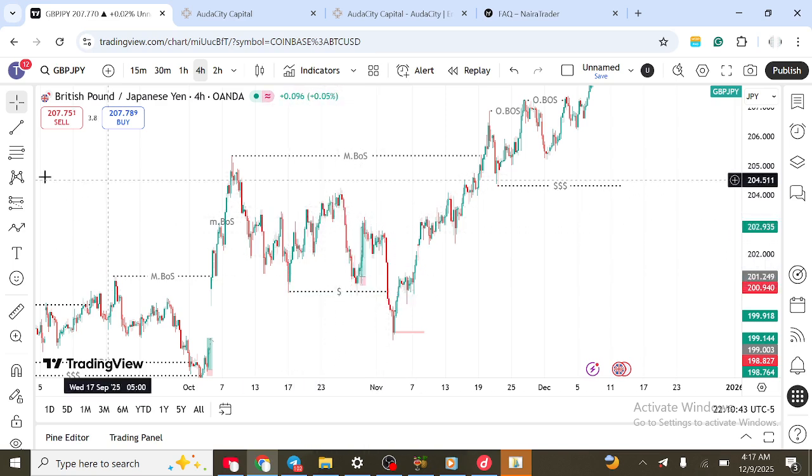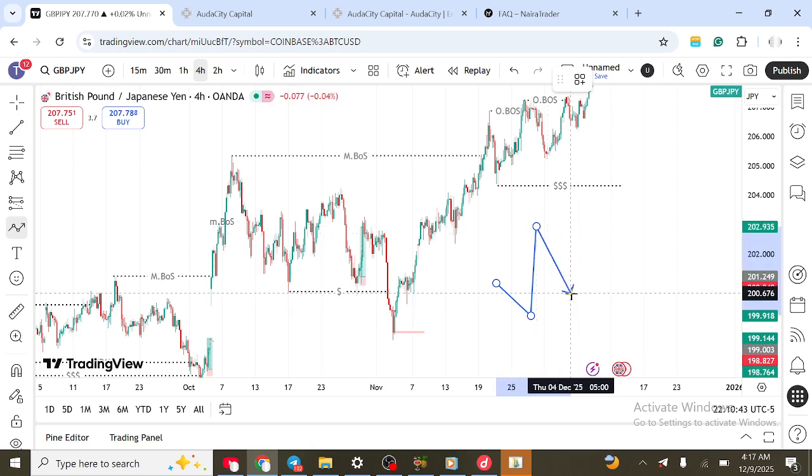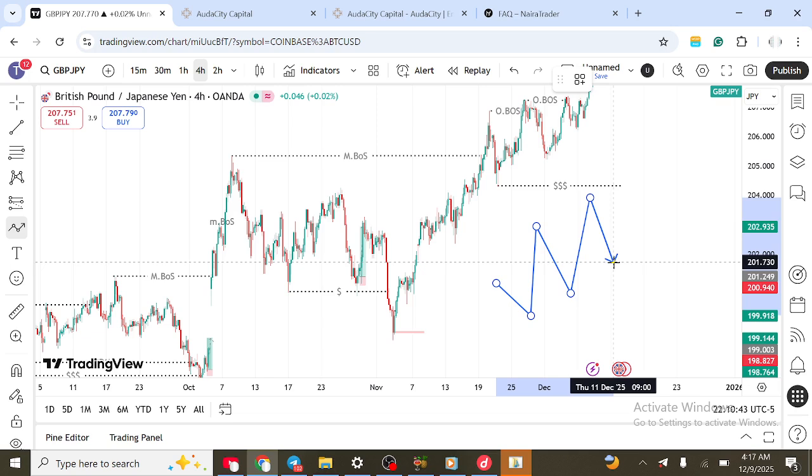So when the market is trending to the upside, and then you have something like this, what do we expect? We expect that the next key level should be broken, but instead the market does this.